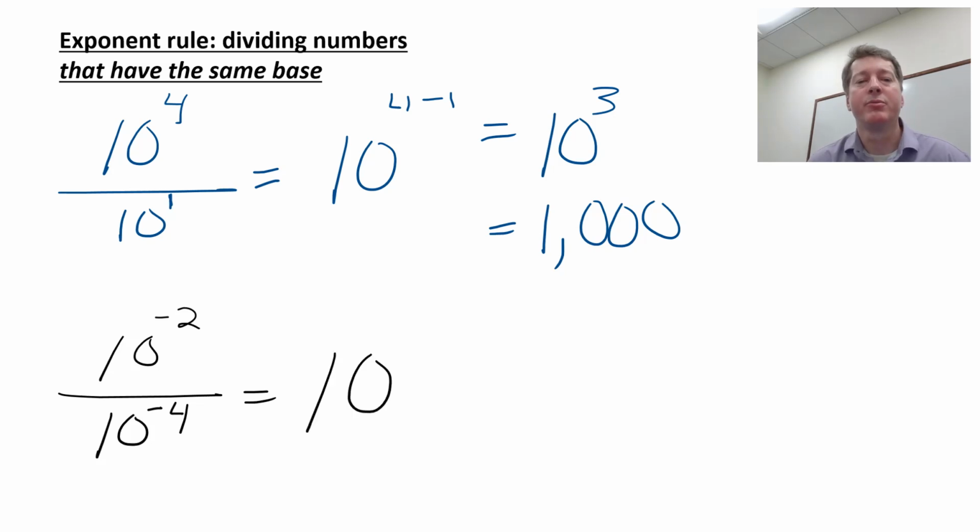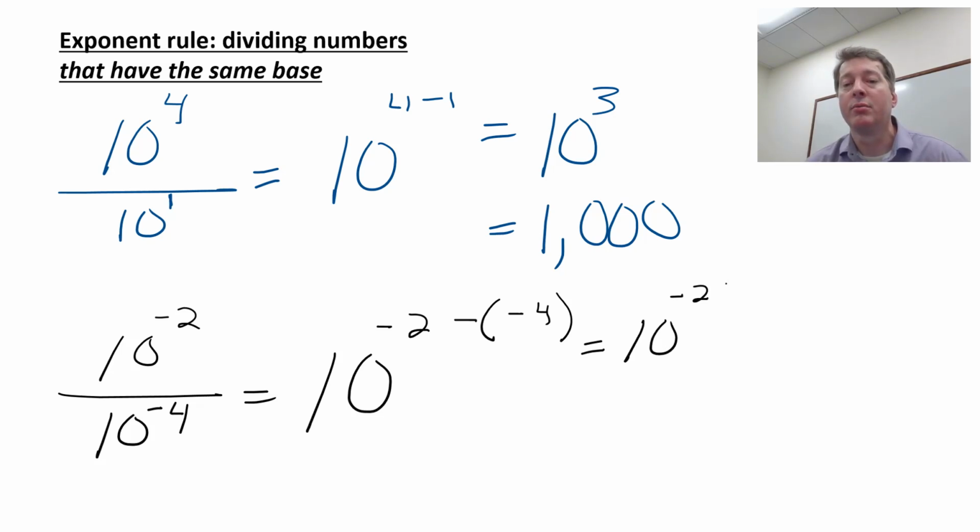Well, we're going to subtract exponents, so that is 10 to the negative 2 minus a negative 4. Well, you may recall minus a minus is plus, so that's the same thing as 10 to the negative 2 plus 4. That's the same thing as 10 squared, 10 raised to the power of 2.